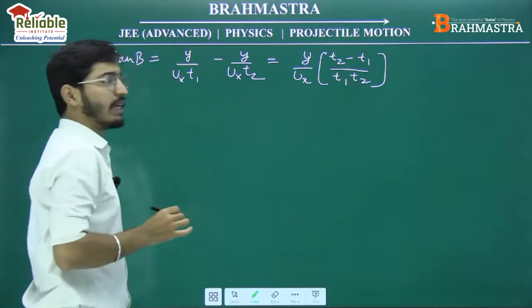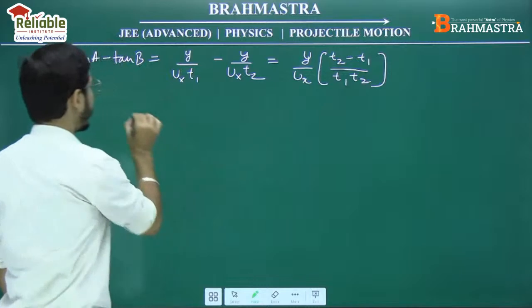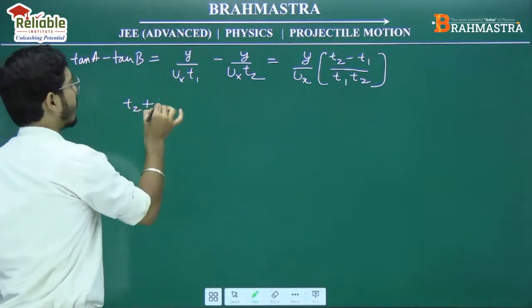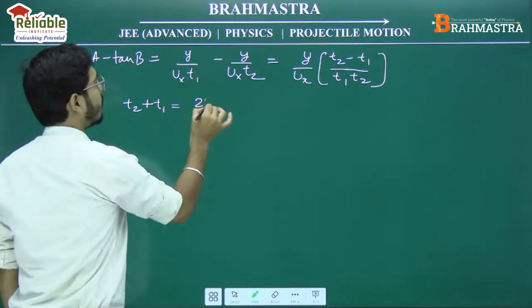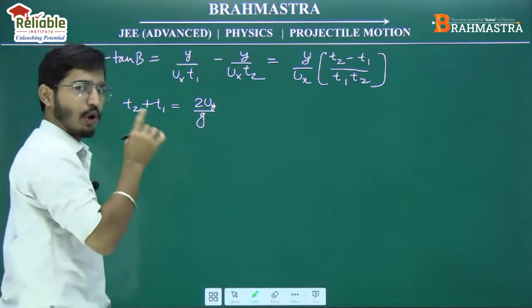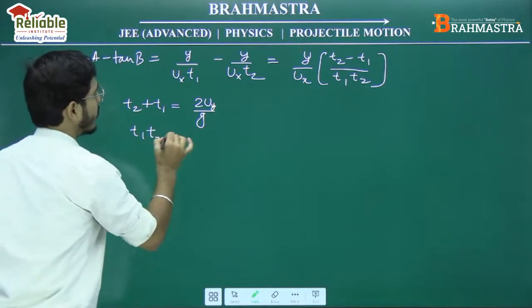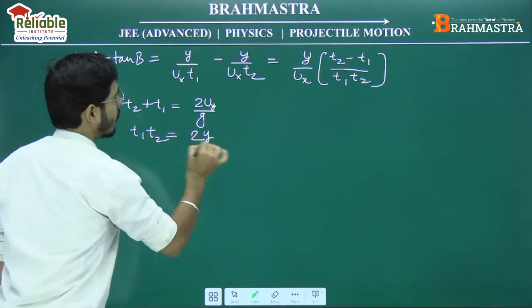Now our primary task is to evaluate the value of t2 minus t1. We already know the value of t2 plus t1, right? The value of t2 plus t1 is 2uy over g, from the same concept, the roots. And t1 t2 we know is the value 2y over g.